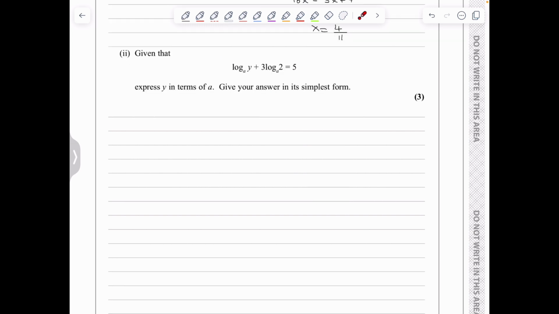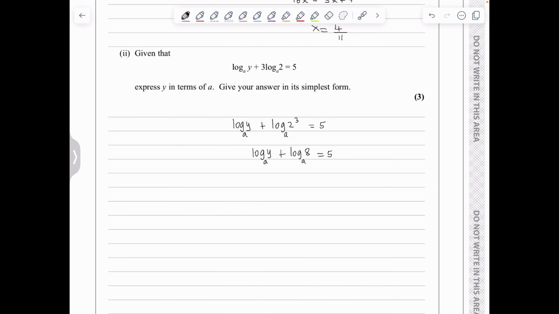In part ii, we need to express y in terms of a, giving our answer in its simplest form, and I will start by writing the left-hand side as log of y base a plus log of 2 cubed base a. I'm using the power law of logarithms here, is equal to 5. So we have log of y base a plus log of 8 base a is equal to 5.